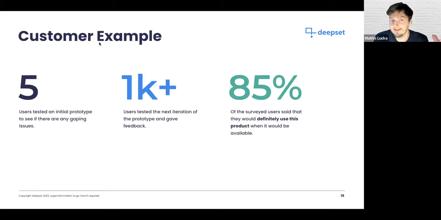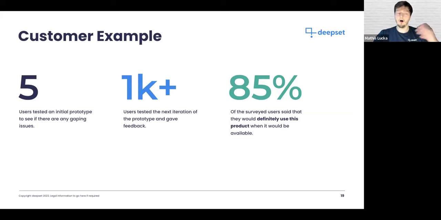To give you a rough idea about how this testing phase could look, I want to talk about one of our customers in the legal space, and they are building a generative AI chatbot for lawyers. They built a prototype. Initially, they tested with 5 legal professionals, real lawyers, collected feedback, made a few fixes, and then they rolled it out to about 1,000 of their actual customers and tested again.